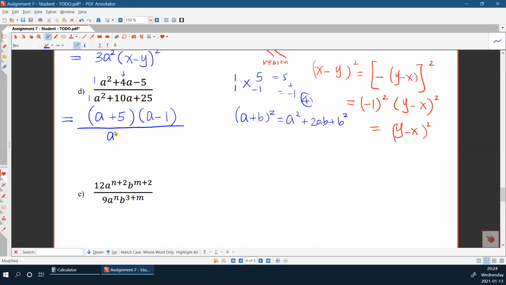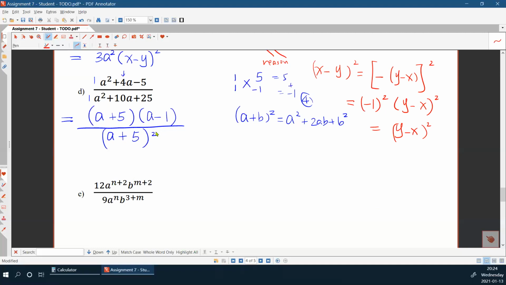So we can write it like (a plus 5) to the second power, right? And then we can try to cancel a plus 5 because they are already in a factored form, in a product form, okay?